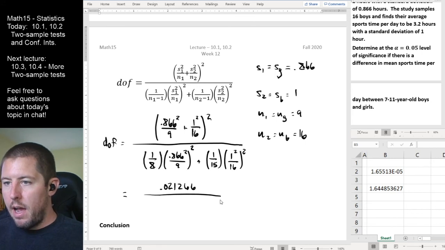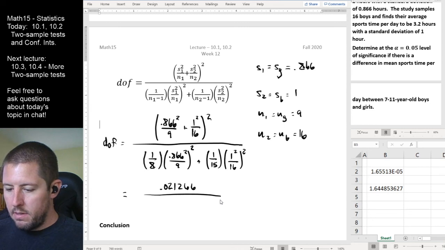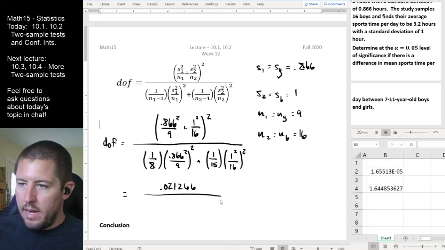On the bottom, I've got 0.866 squared divided by 9, square the whole thing, and then divided by 8. Ooh, tiny number.